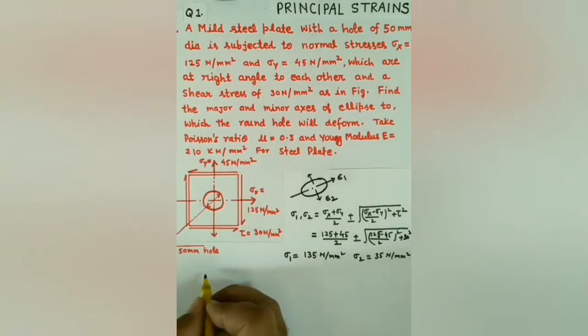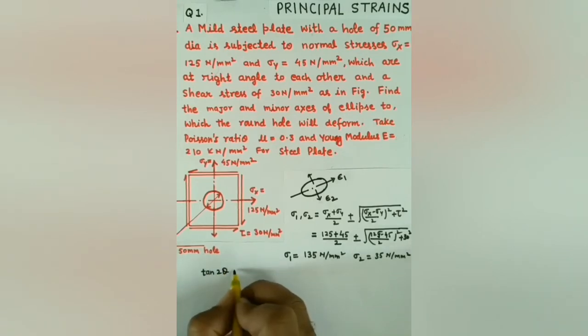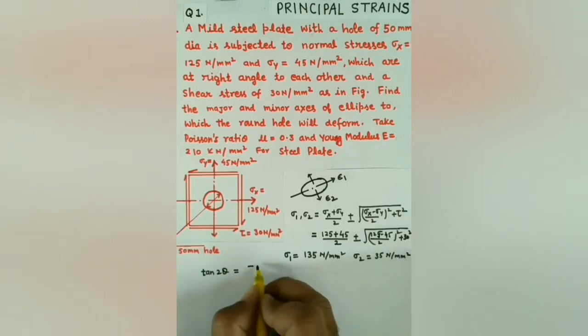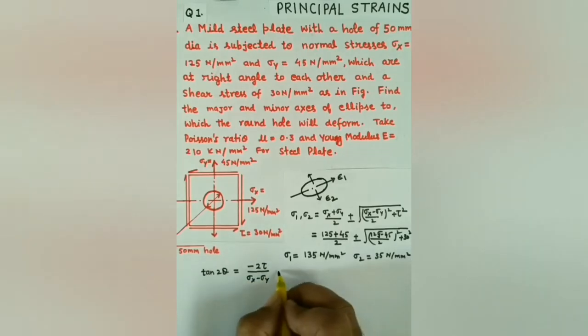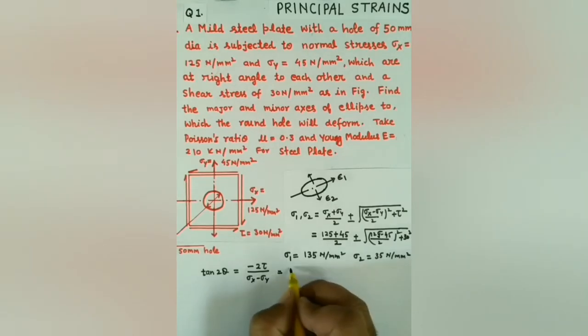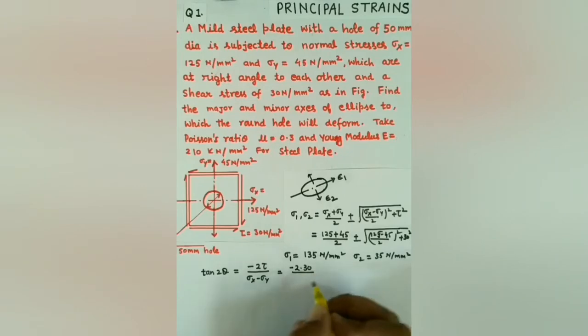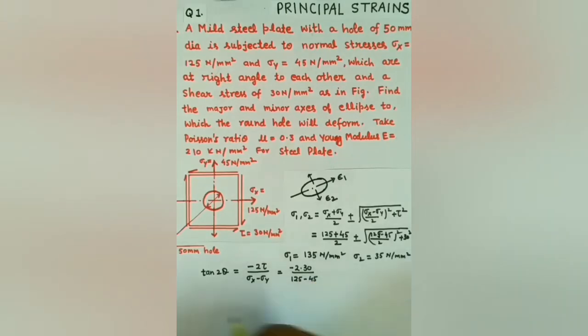Also, the direction of sigma 1 will be such that tan 2 theta is equal to minus 2 tau upon (sigma x minus sigma y), which gives minus 2 into 30, tau is 30, sigma x is 125 and sigma y 45.